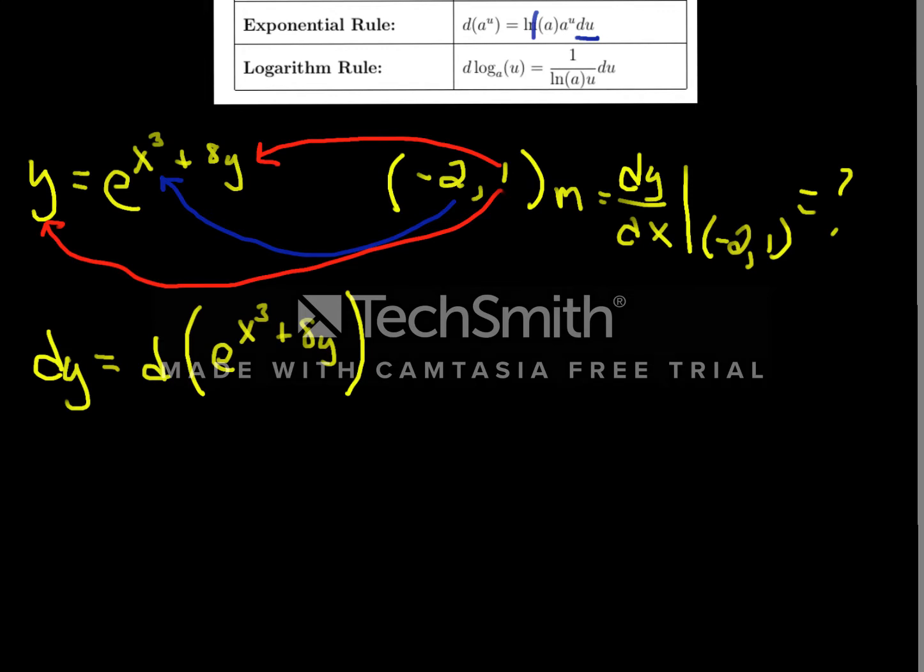So putting that into play here, this is just equal to the whole expression, e to the x cubed plus 8y, times the differential of whatever is up in the exponent, in this case x cubed plus 8y. So that's just following our exponential rule.